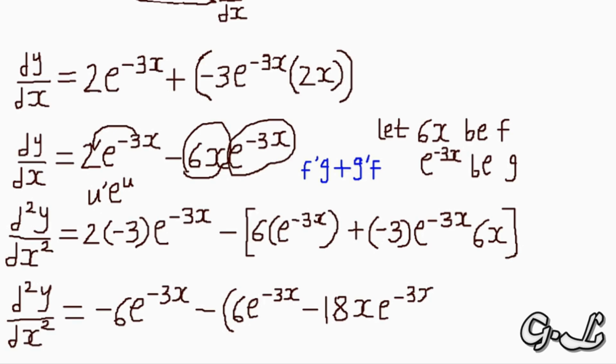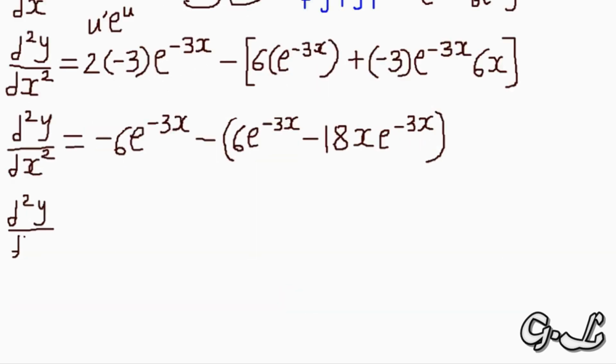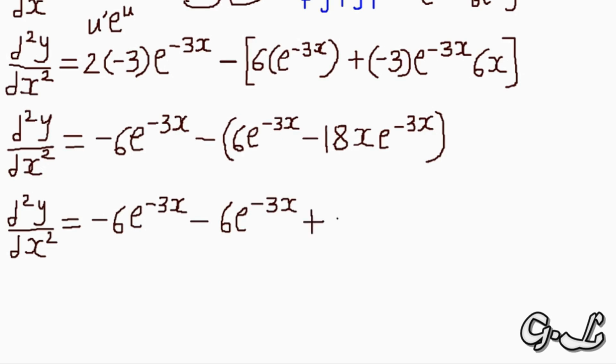And then the next thing, you have to simplify further. So it is going to be negative 6e to the negative 3x minus e minus 6e to the negative 3x, and then negative times negative gives you positive. That's where the plus is coming from.